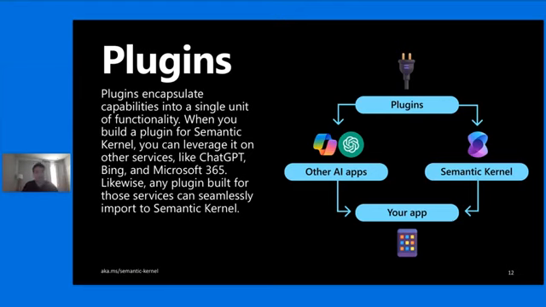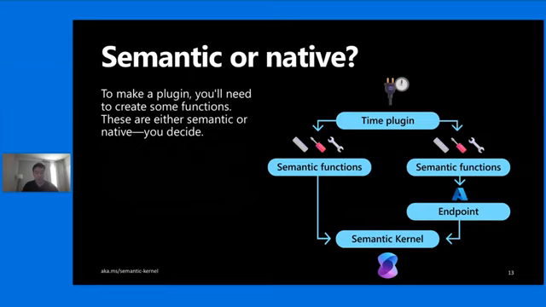So let me go ahead, because I don't want to take a lot of your time, and go to plugins being semantic or native. This is simple. Semantic, you remember, is how you write. So you can create a plugin by writing it like a prompt, describing what is going to happen, everything.